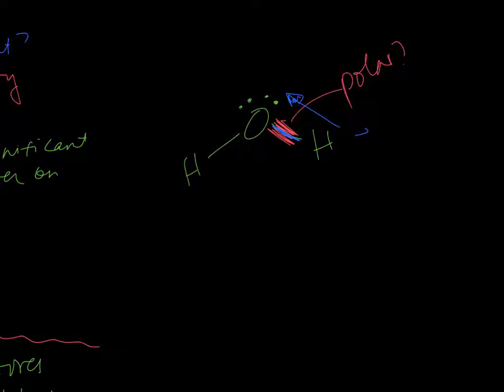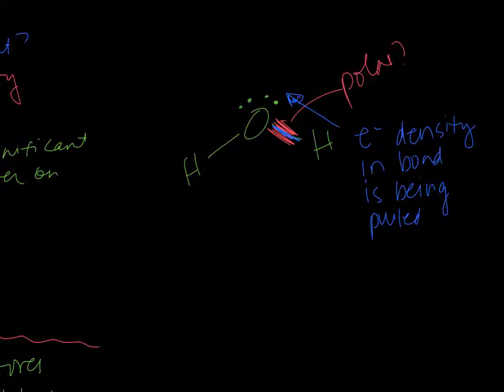So I'm going to write that right here. Electron density in bond is being pulled toward oxygen. And the same thing is happening in this bond because it's the same type of bond over here, and so the electron density is being pulled up that way, right?